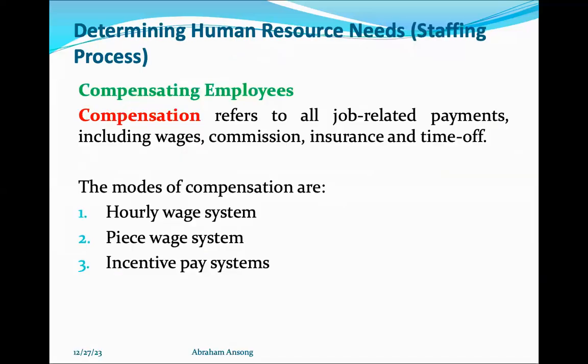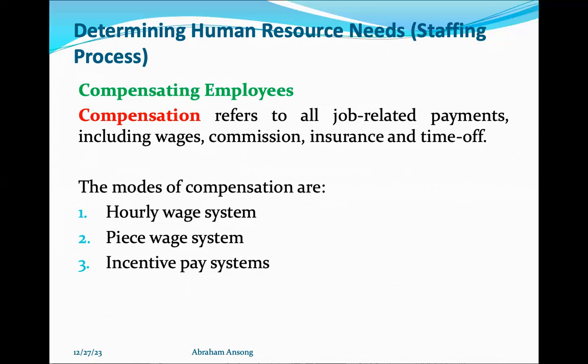All right. So we move to the next important function of the human resource manager, which is compensating employees. Compensation refers to all job-related payments, including wages, commission, insurance, and time off.